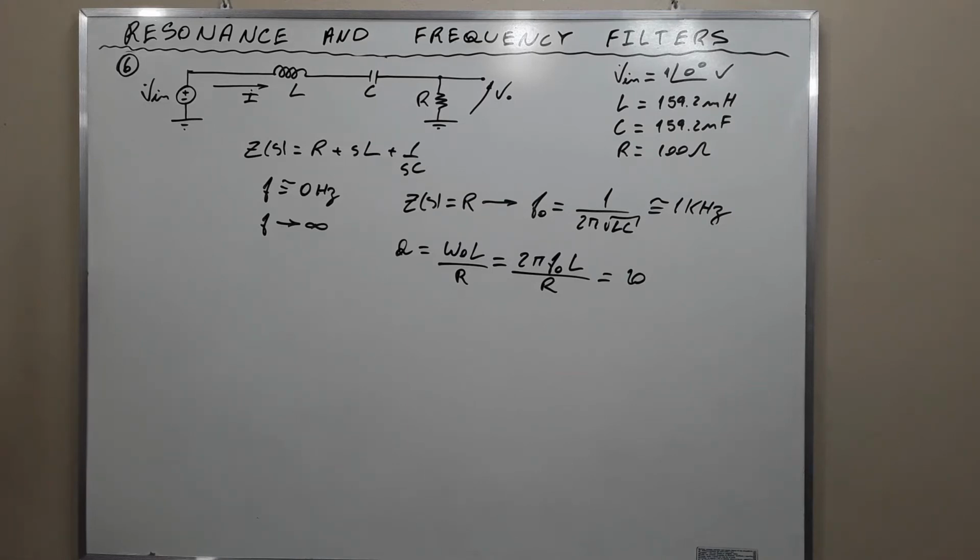As the bandwidth is the measure of how narrow or wide is the band of frequencies that will pass, it depends on the quality factor. Observe that the larger the quality factor, the narrower the bandwidth for a given frequency. Okay? Sometimes we wish the bandwidth to be the narrowest possible, as in notch filters.